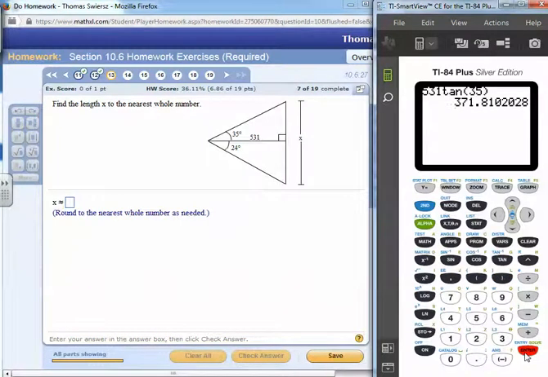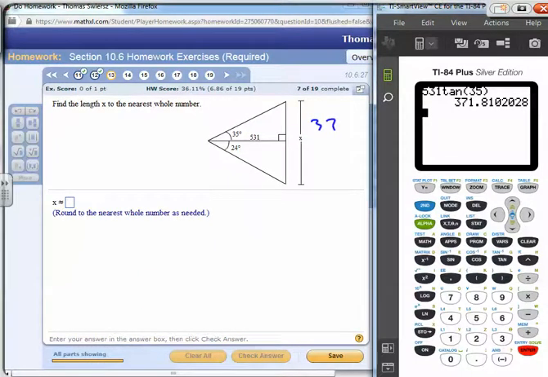Let's keep that. We'll round to the nearest tenth and we'll add them, and then we'll round off to the nearest whole number. So make sure 371.8, we'll keep it on our calculator.